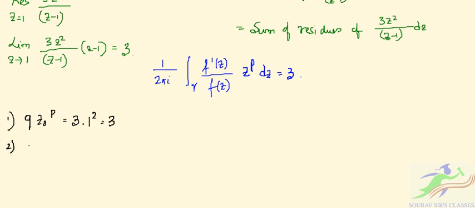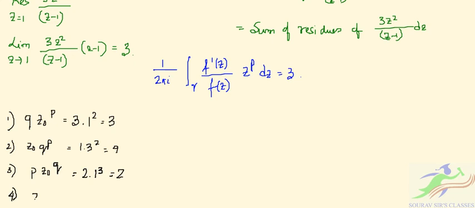Option 2 is z0 q to the power p: 1 times 3 square, it is 9. Option 3 is p of z0 to the power q, which is 2 times 1 cube, that is 2.